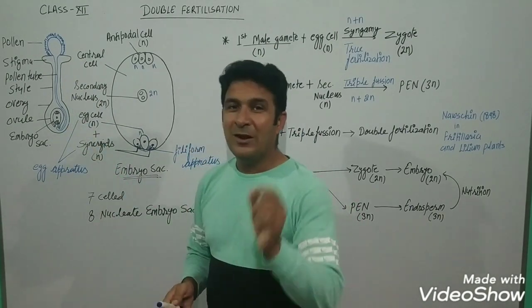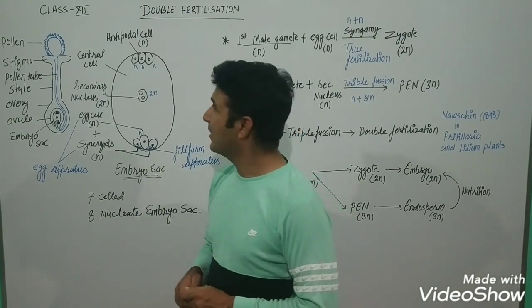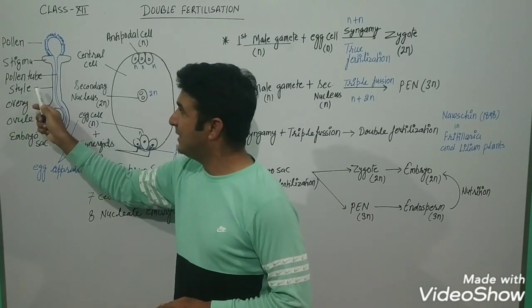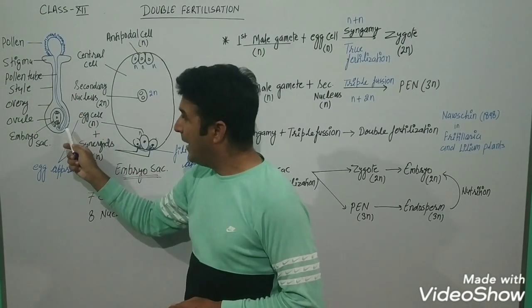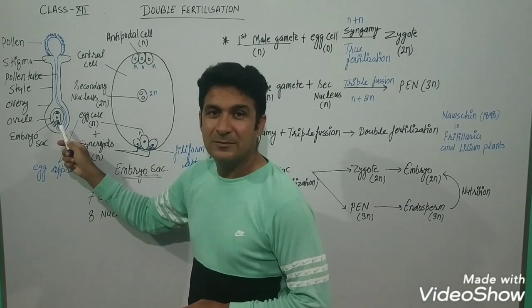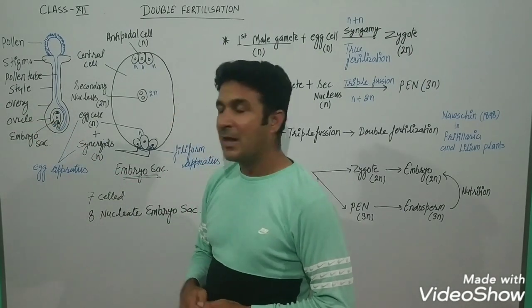This diagram will remind you of the previous topic, pollen pistil interaction. Here pollen, stigma, style, pollen tube, and the pollen tube is getting entry inside the ovule through the micropyle, which is present inside the ovary.